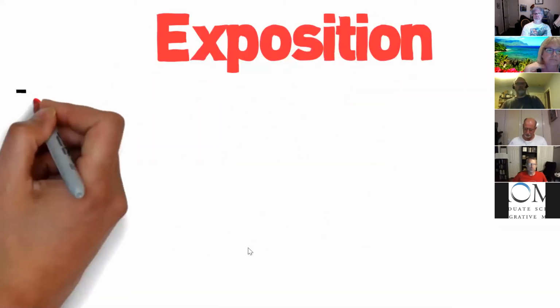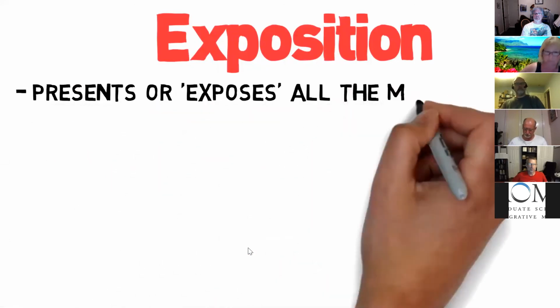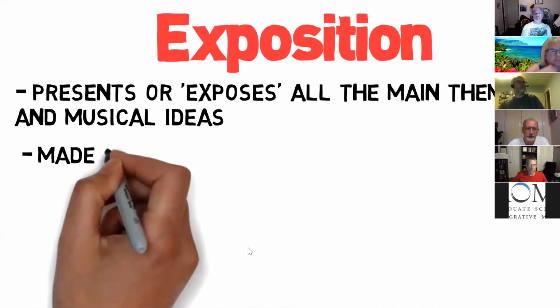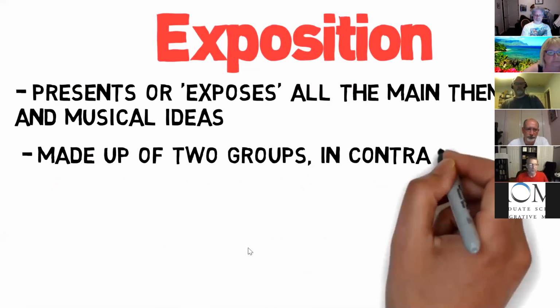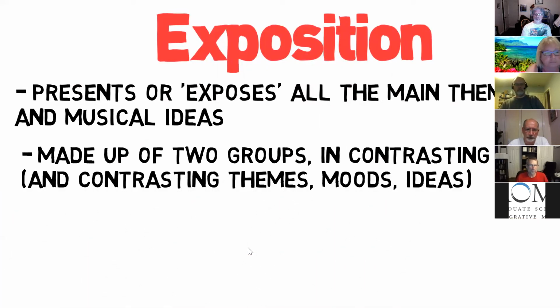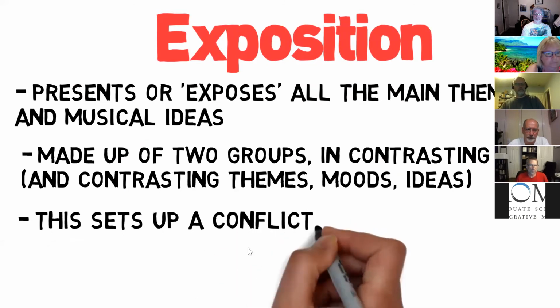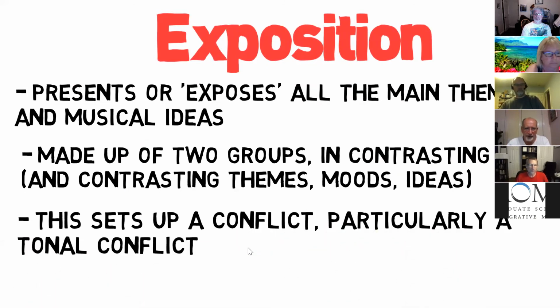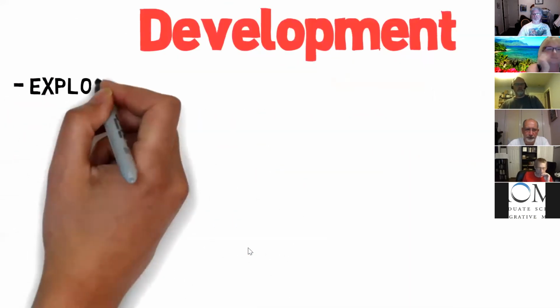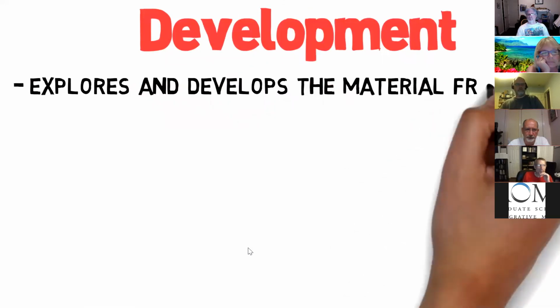First, the exposition, which basically presents or exposes all the main themes, all the main musical material and seeds. This is made up of two groups, which will definitely be in contrasting keys, and may also have contrasting themes, moods, or ideas. So that already sets up a kind of conflict, and particularly a conflict of keys, and the exposition is often repeated. Then there's the development, which explores and develops the material we've heard in the exposition.